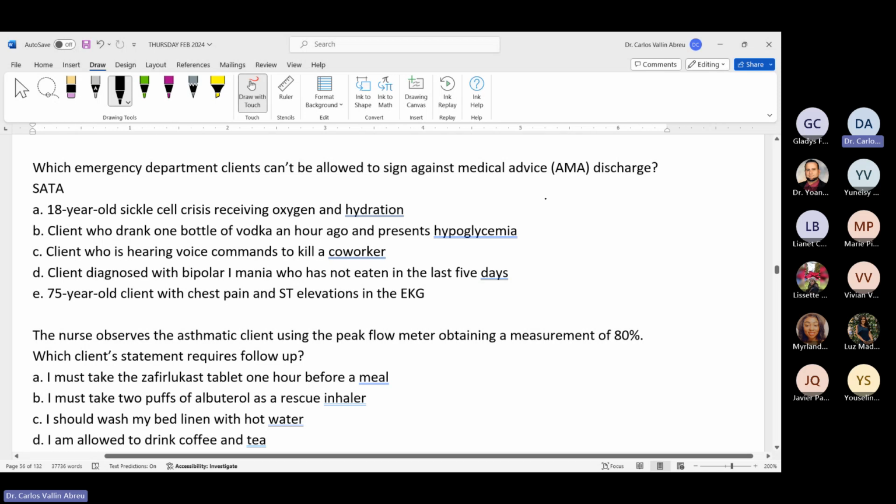And by law, clients that are of the age of majority, so they are not children, and clients that are in their adequate mental status have the legal right to leave against medical advice without any kind of punishment or consequences. But the requirement is to be adult and to be in his or her mental capacities.